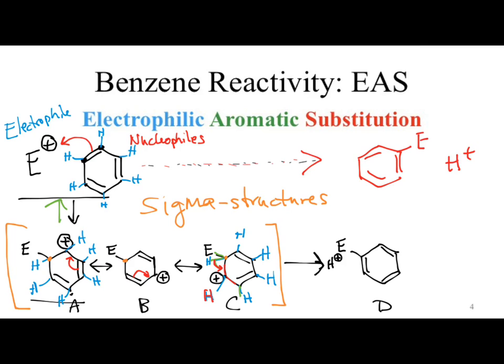Add more electrophile character. How can I make an electrophile more electrophilic? How can I make a positive charge more electrophilic? I'm going to make it more positive. How do I make a nucleophile more nucleophilic? I need to make it more negative.